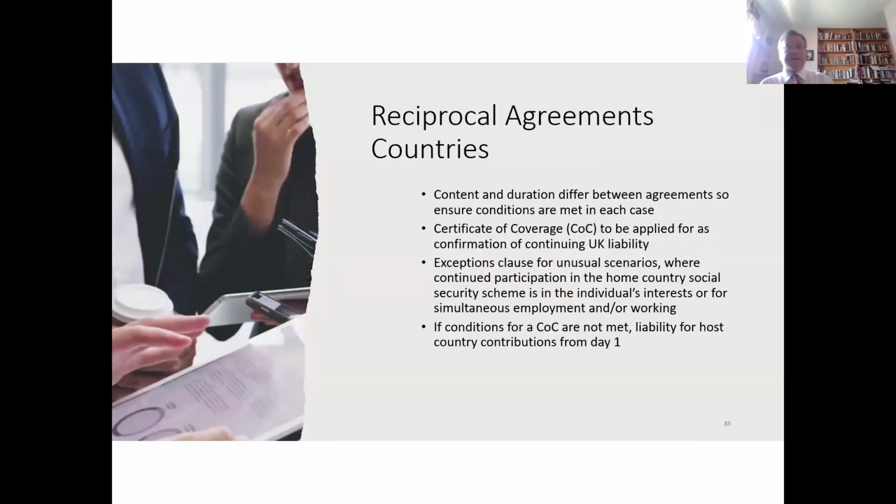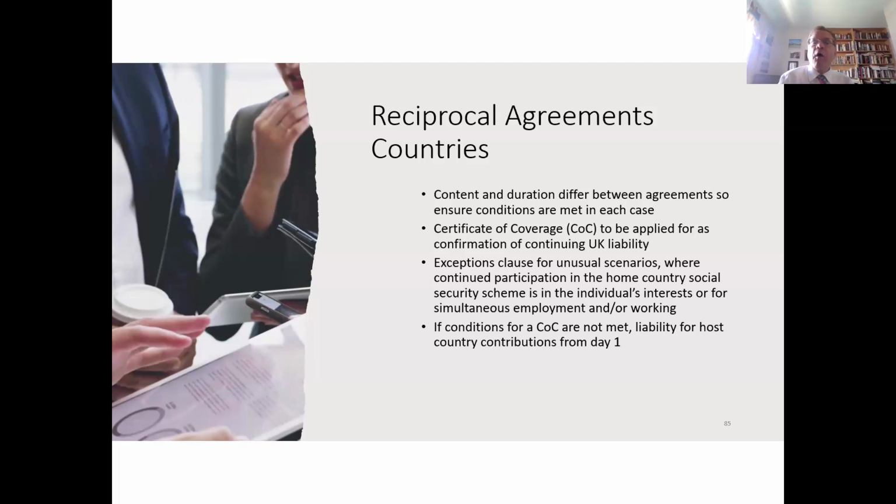The other possibility is what is known as reciprocal agreement countries. So, outside the European Economic Area, UK has agreements with all sorts of countries, including the United States, probably the most important agreement given the flow of individuals between the two countries.